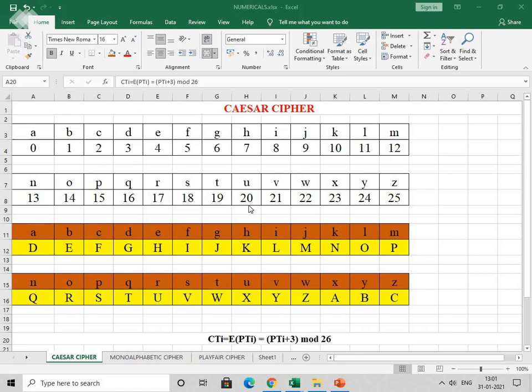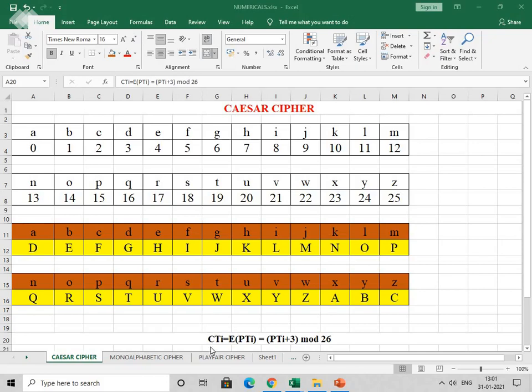Each element of this Caesar cipher is replaced by a shift of 3, so that the plaintext letter PTI is enciphered as ciphertext letter CTI.